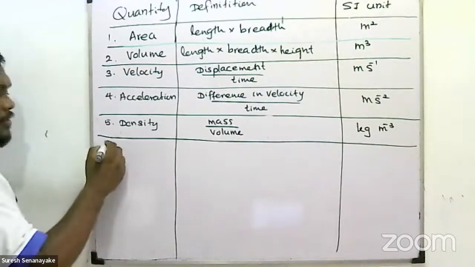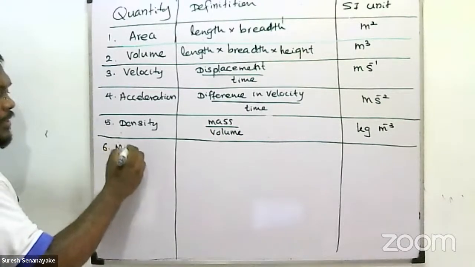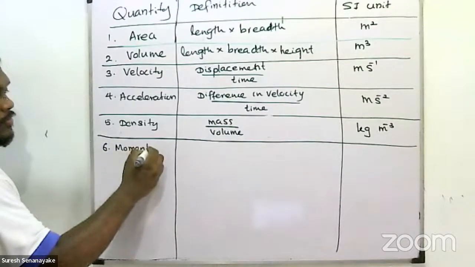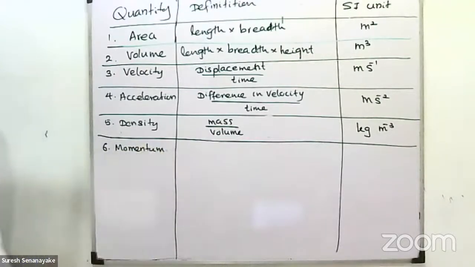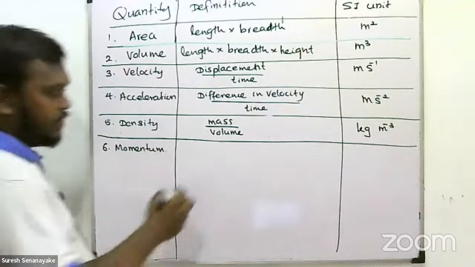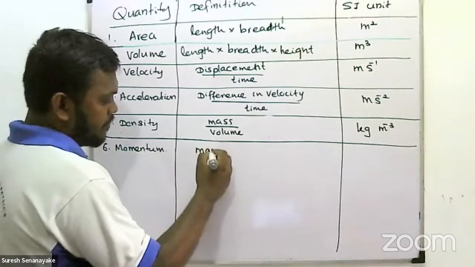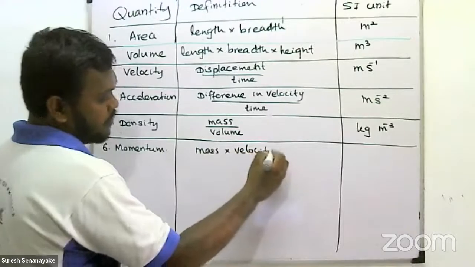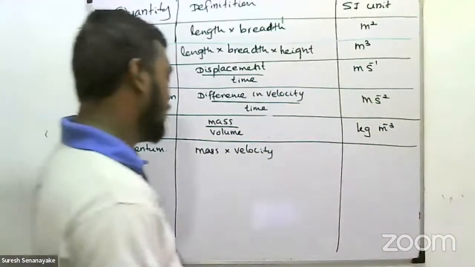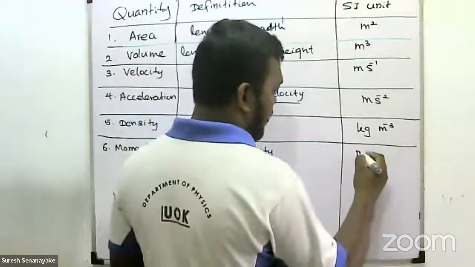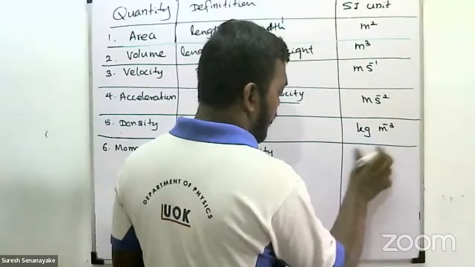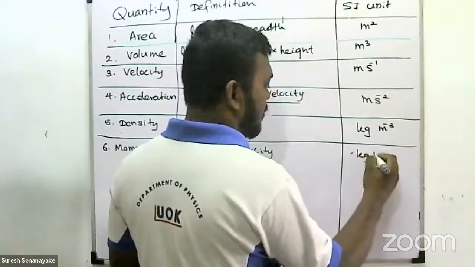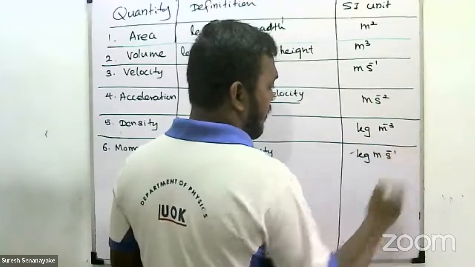And the sixth one is momentum. Momentum is defined as mass into the velocity. The mass is in kilogram. Velocity is meters per second.